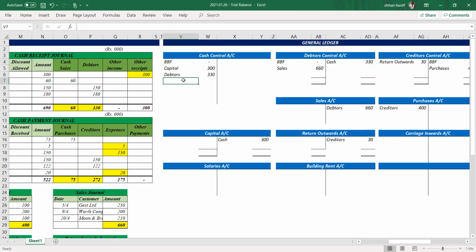Cash sales: cash account debit 60, sales account credit 60. So in the sales account, there will be credit sales plus cash sales. Those are the cash receipts. If you check, the total is 690.